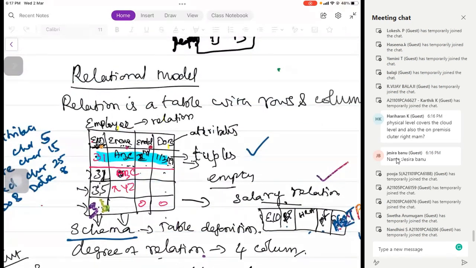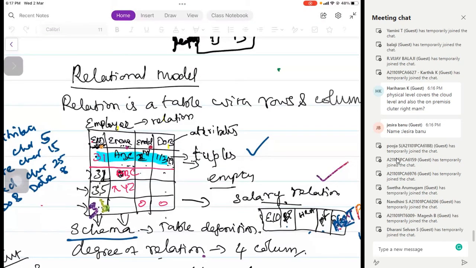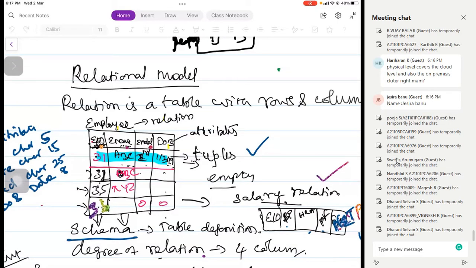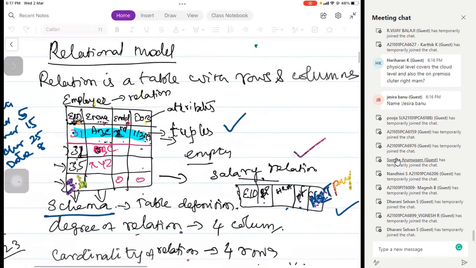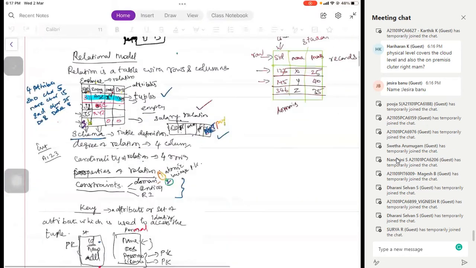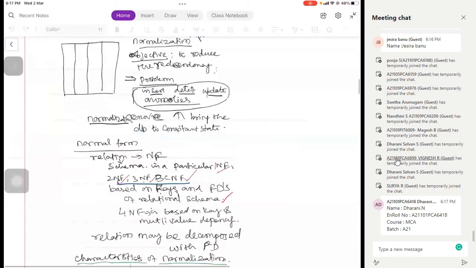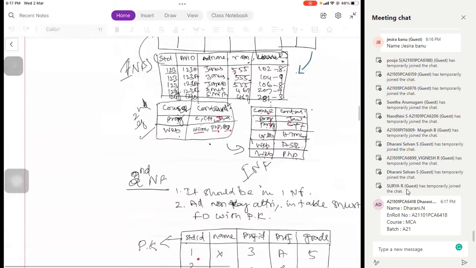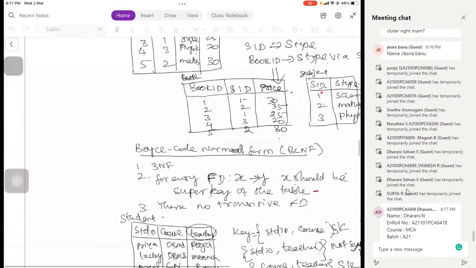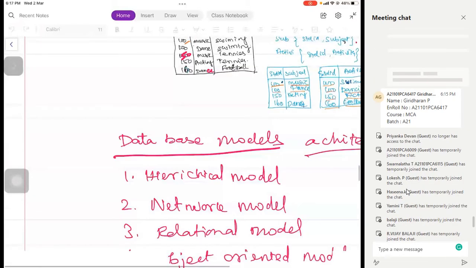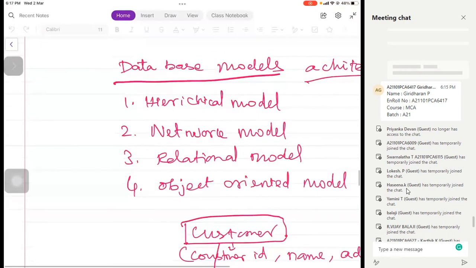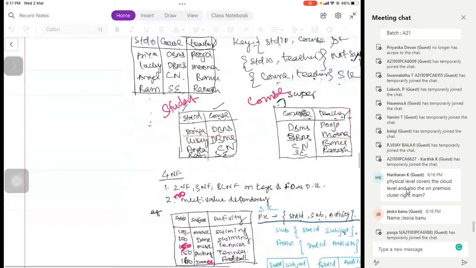Like that, there are three to four types of models we can use to arrange the data according to the application. The first is the relational model, then the network model, and another one is the object oriented model, and the hierarchical model.